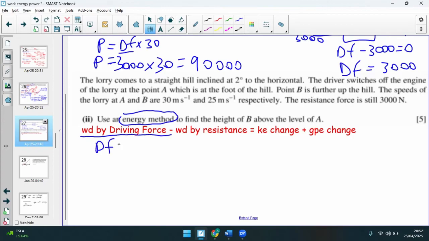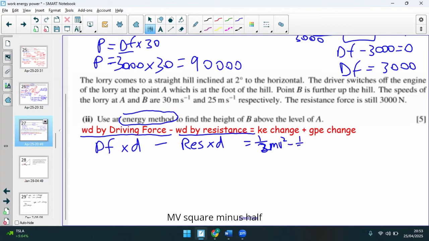Driving force times distance. Work done by resistance is what? Resistance times distance. Okay, KE change is half mv squared minus half mu squared. Okay, and GPE changes mgh.